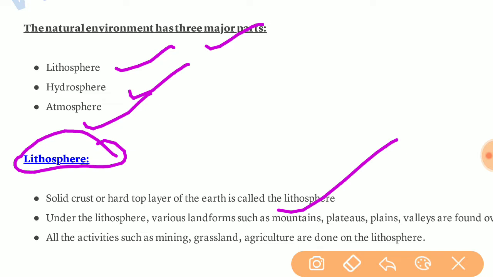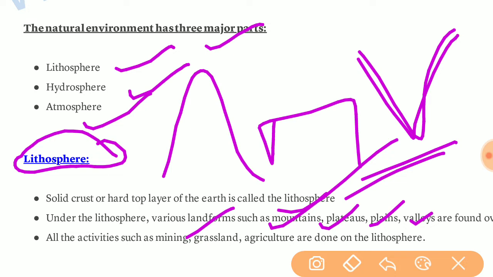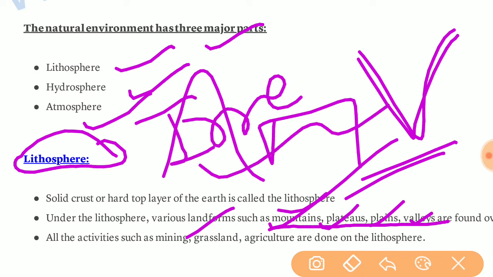Under the lithosphere we have various landforms such as mountains, plateaus, plains, valleys. These are found only in lithosphere. Due to these, the shape of the lithosphere is irregular because all of these are in different shapes.